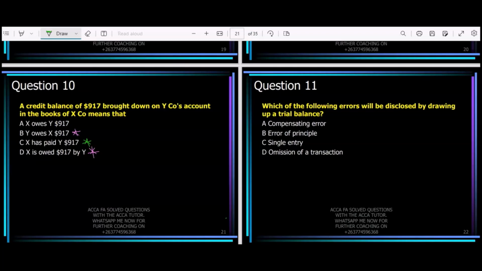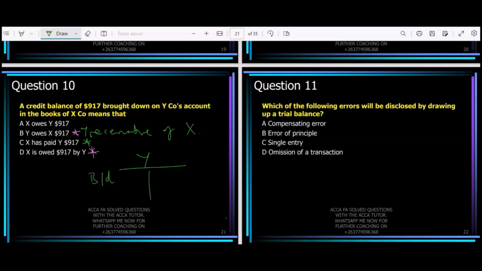If Y owes X 917, it means that Y is a receivable of X. Now, it is X who is preparing the records or the books, so therefore the receivables account, Y, should have a balance brought forward on the debit side.